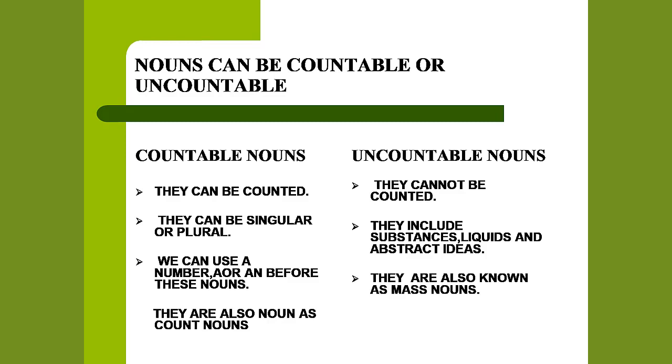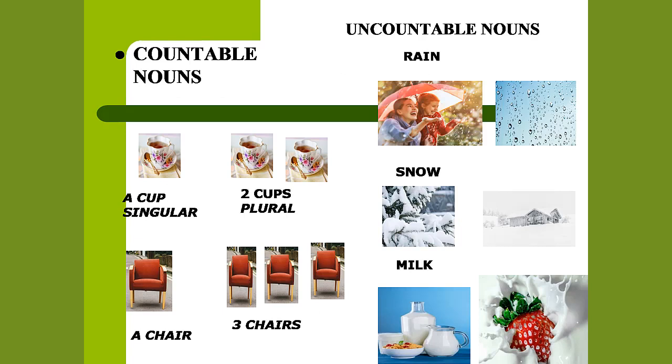Now I have some examples to differentiate between countable and uncountable nouns over here, like a cup. There are 2 cups. A cup is singular, but 2 cups are plural.